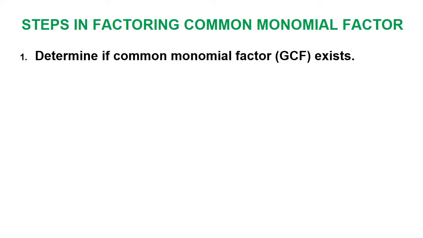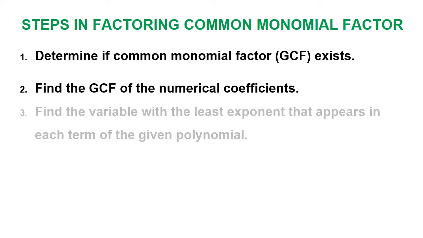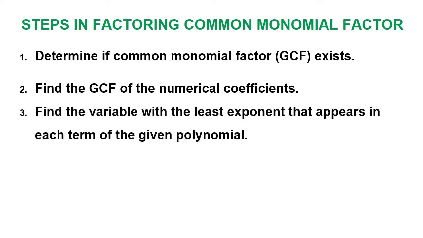In factoring common monomial factor, let us follow these steps. 1. Determine if common monomial factor or GCF, greatest common factor, exists. 2. Find the GCF of the numerical coefficients. 3. Find the variable with the least exponent that appears in each term of the given polynomial. 4.